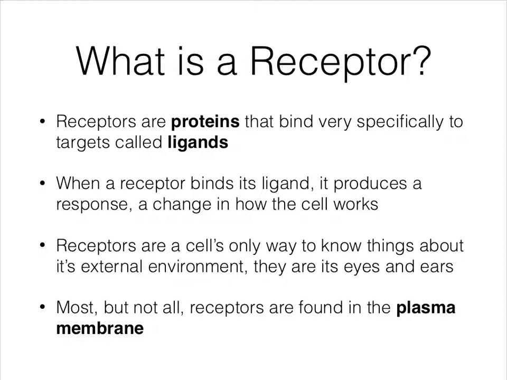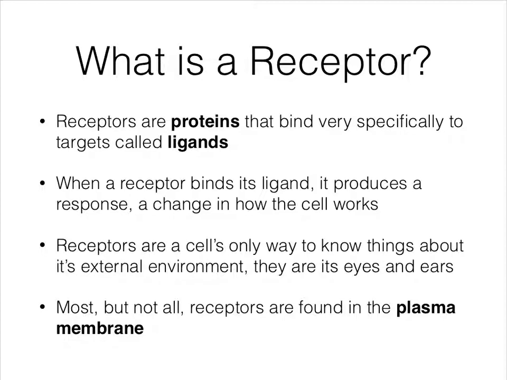Most receptors, not all of them, but most receptors are found in the plasma membrane. They are intended to tell the cell about the external environment. There are some receptors that are found inside the cytoplasm. Those can only detect things that can cross through the plasma membrane.